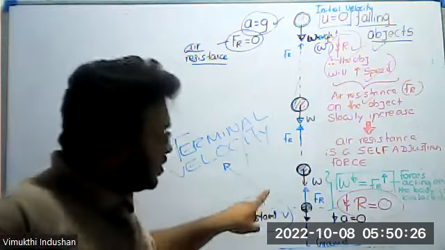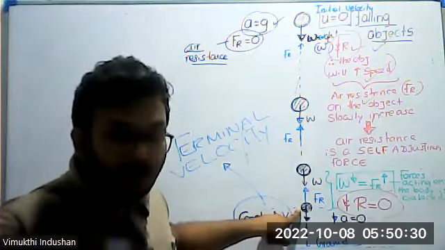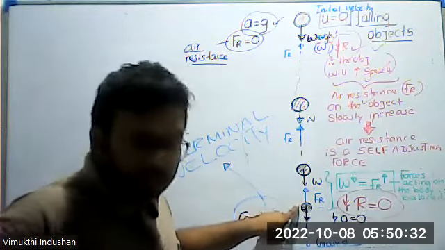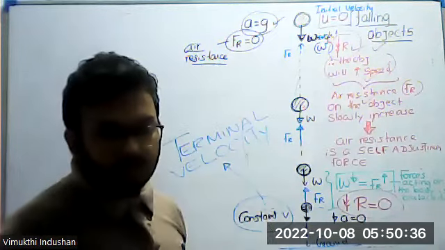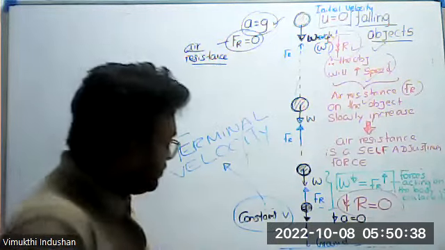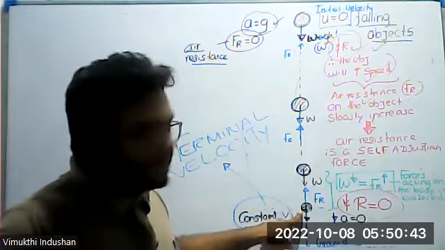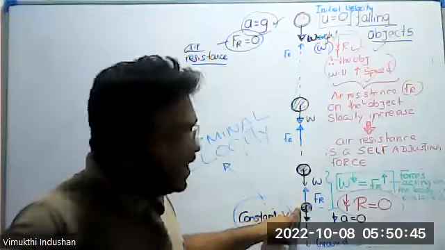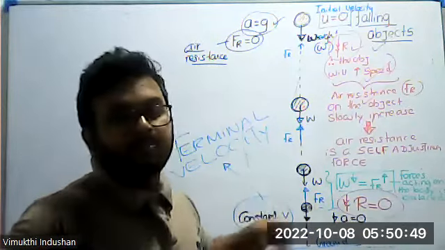So this maximum constant velocity is reached as a result of forces acting on this free falling body being equal to each other. Or in other words, this maximum constant velocity that this free falling object acquires is a result of the resultant force on this body becoming zero.